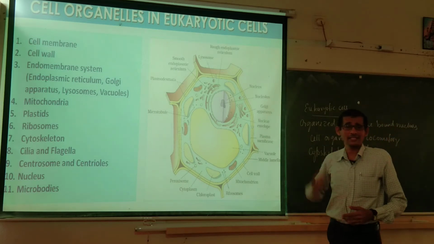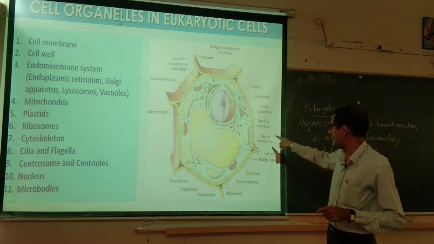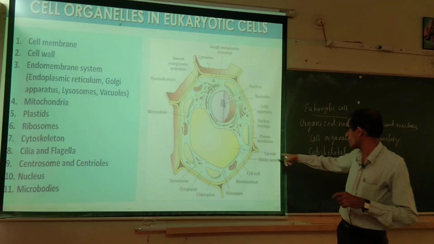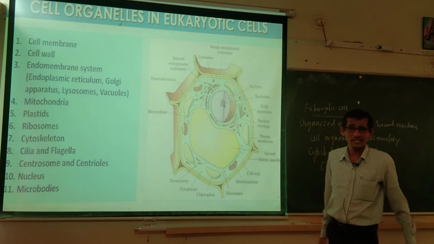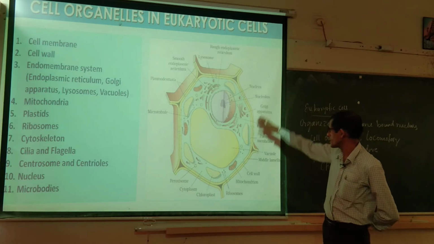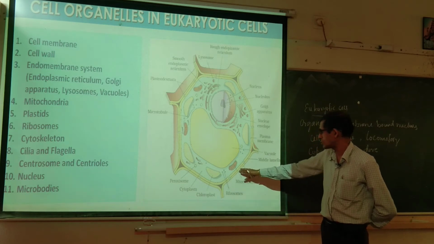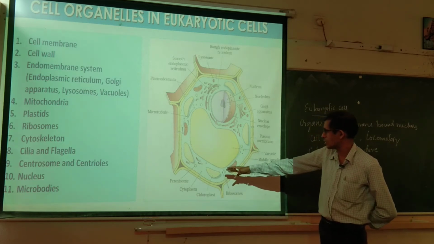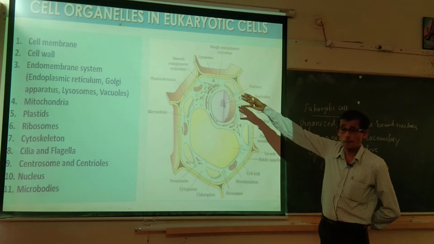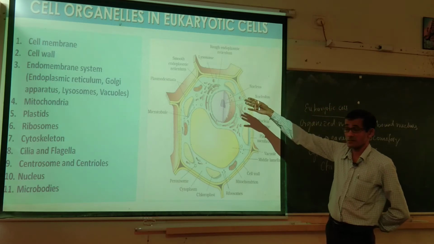On the right side I have given one picture, the eukaryotic plant cell. You can observe the very big, centrally placed vacuole, nucleus, endoplasmic reticulum, plasma membrane, cell wall, ribosome, chloroplast, mitochondria, peroxisome, cytoplasm, microtubules, smooth endoplasmic reticulum, lysosomes, rough endoplasmic reticulum, and plasmodesmata connection.